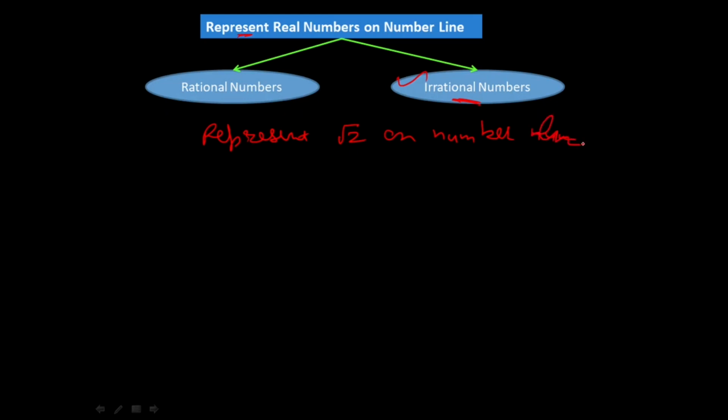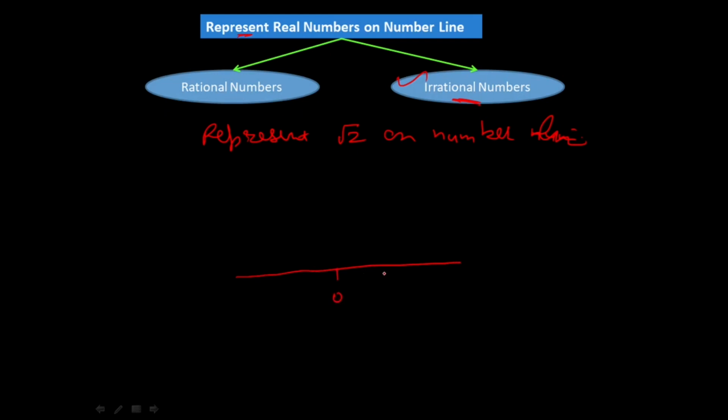Under root 2 is obviously an irrational number, but how can I show this on number line? There is a very specific method, not even one method, there are many methods. Let me tell you the basic method which is given in your book. So what is this method? Just draw a line first of all.